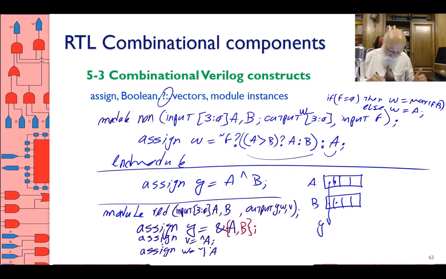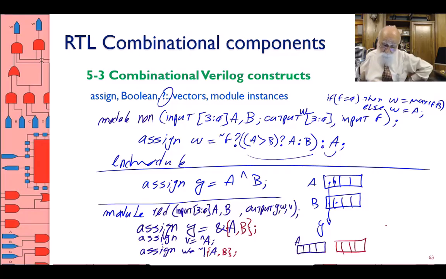Same thing here, {A, B}, and then W is done over the 8-bit A concatenated with B. So A becomes like this, B becomes like this, and Y is this.